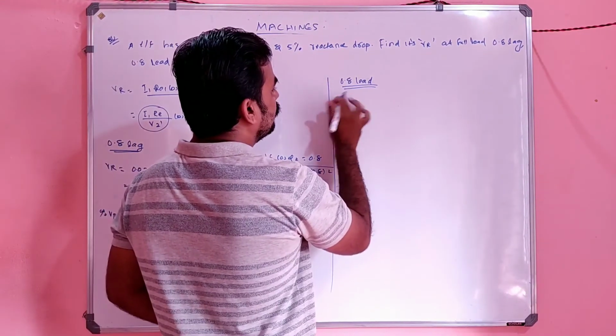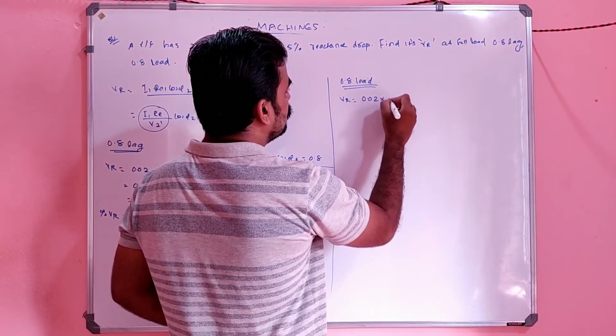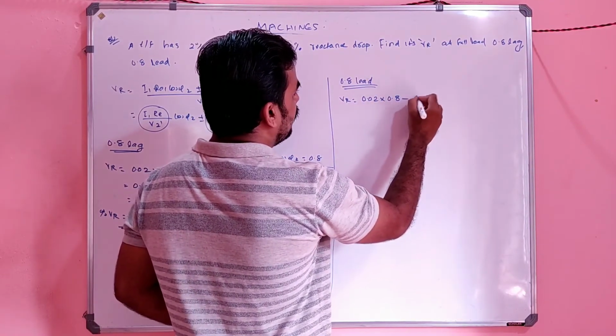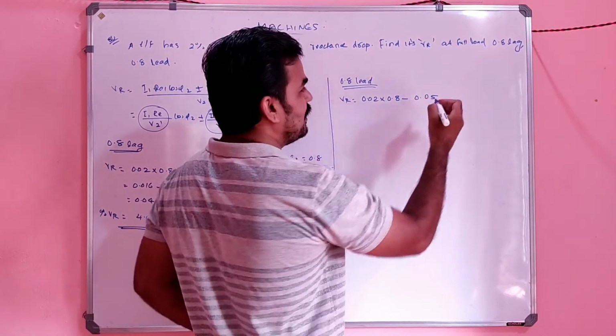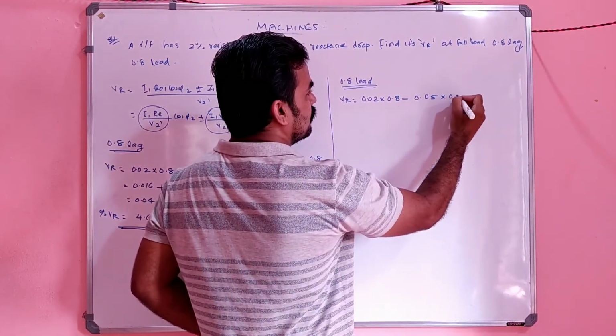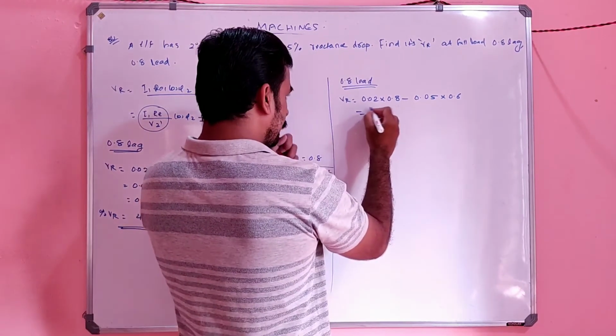VR will be equal to 0.02 into 0.8 minus 0.05 into 0.6. Now only the plus and minus will change.